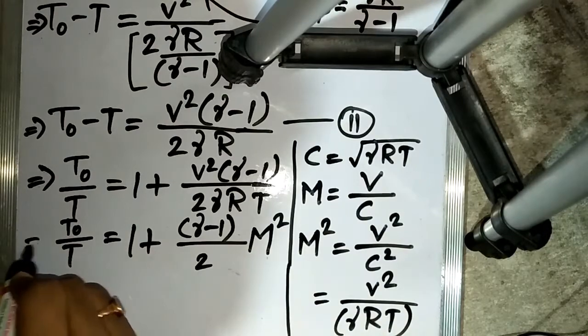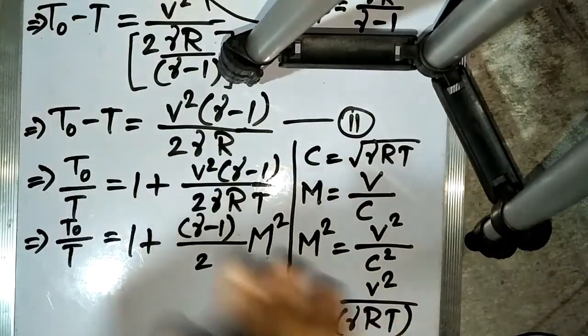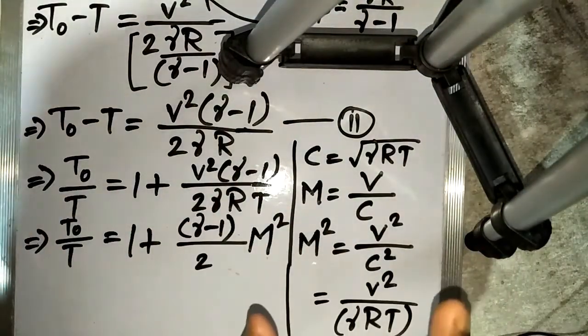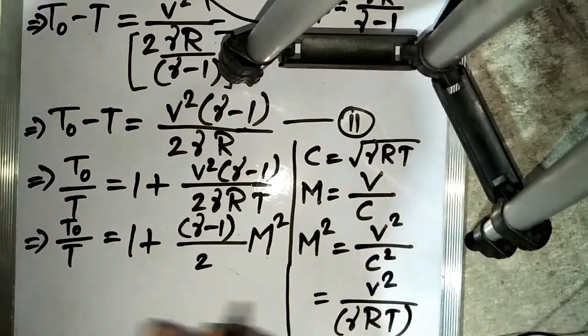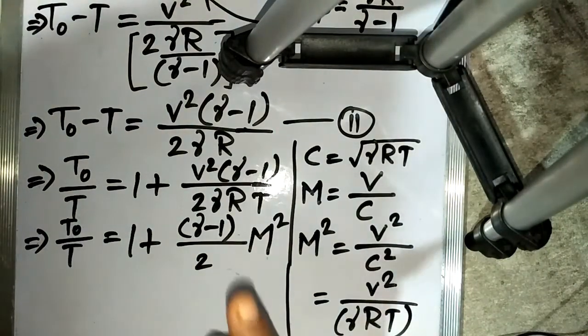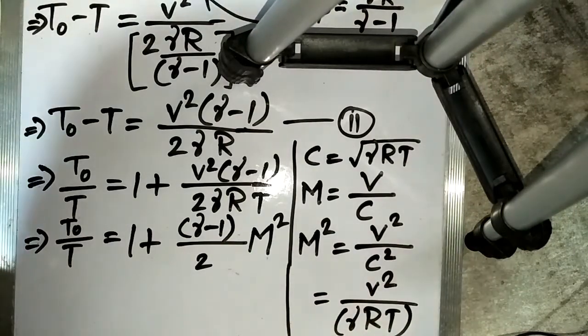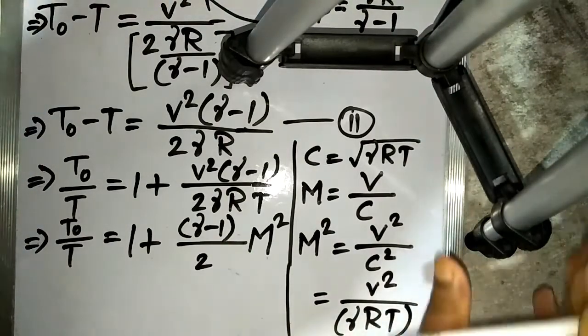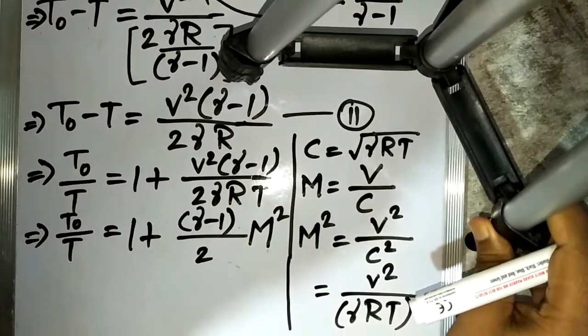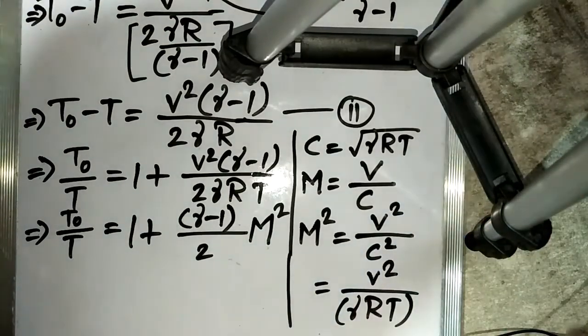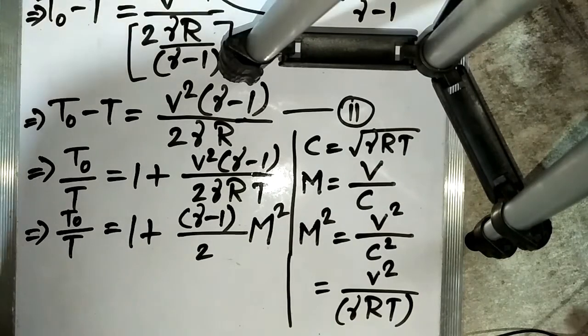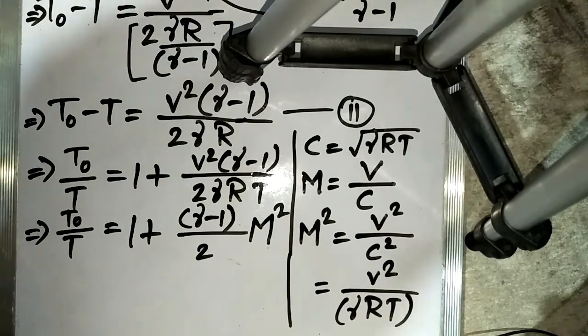So this is the value of T0 by T. T0 is the stagnation temperature and T is the static temperature, that means the temperature at that point where we are going to study this.